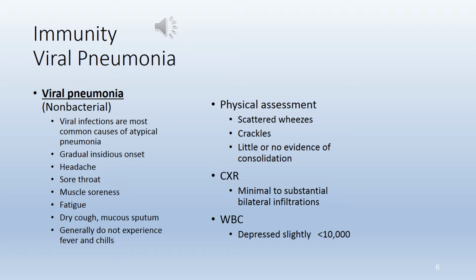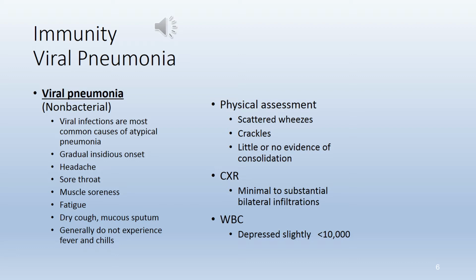Viral pneumonias are the most common causes of atypical pneumonia because of a viral infection. It has a gradual, insidious onset. Patients can manifest with headaches, sore throats, muscle soreness, fatigue, dry cough, mucoid sputum. They don't always experience fever and chills.